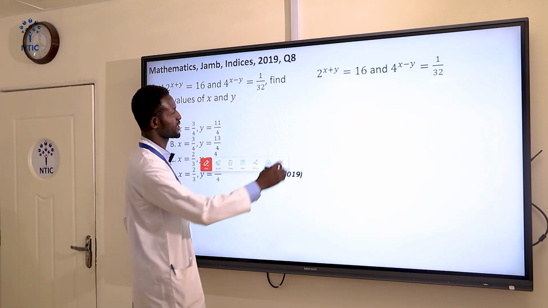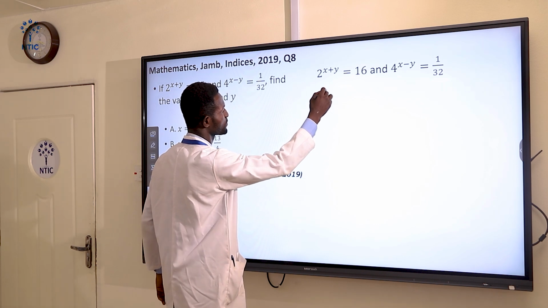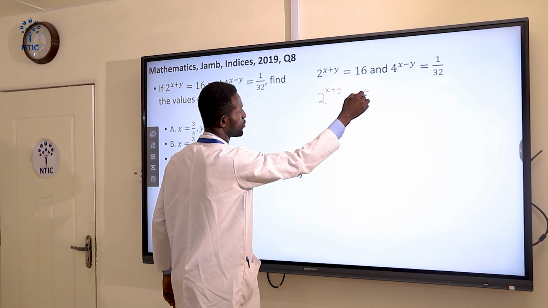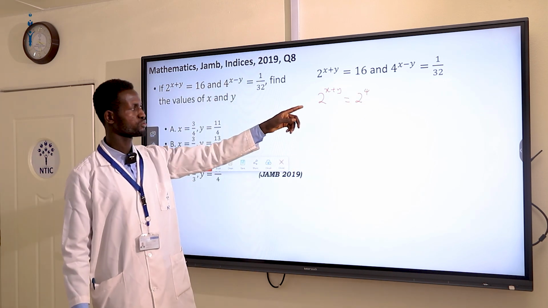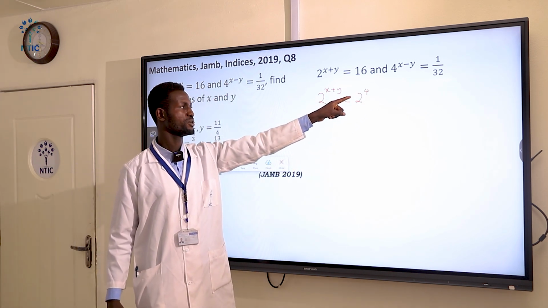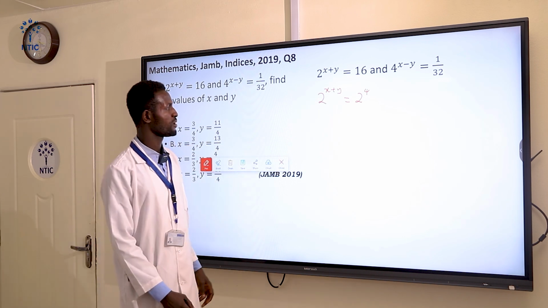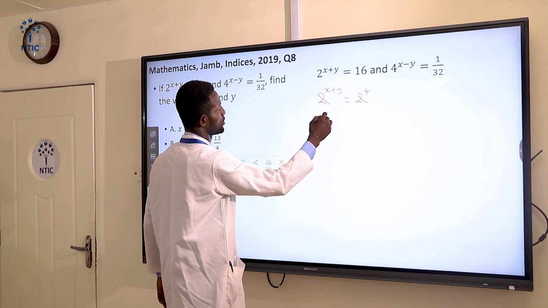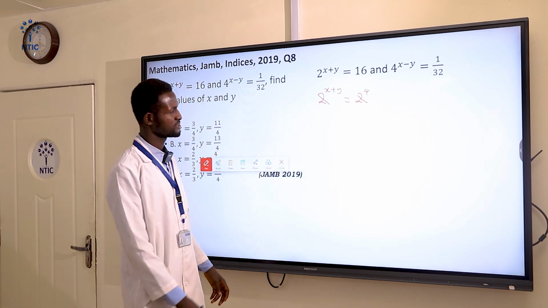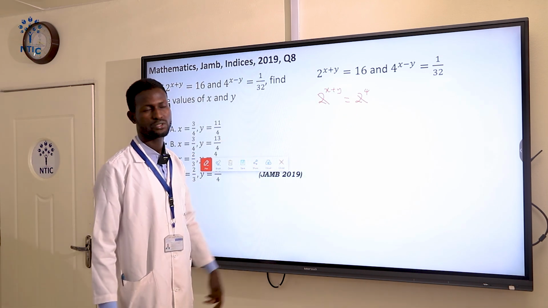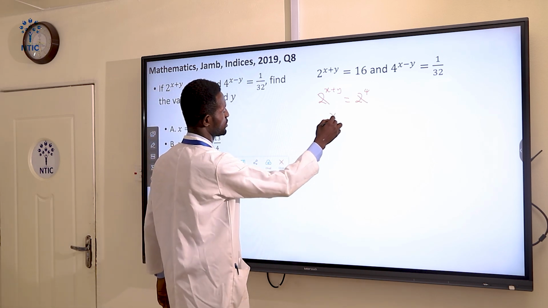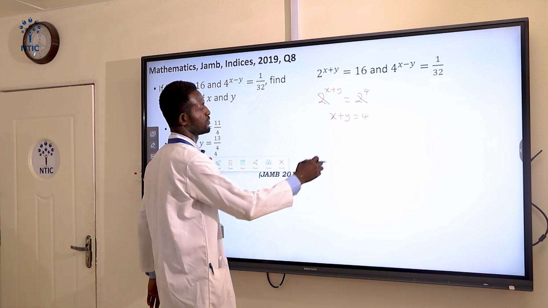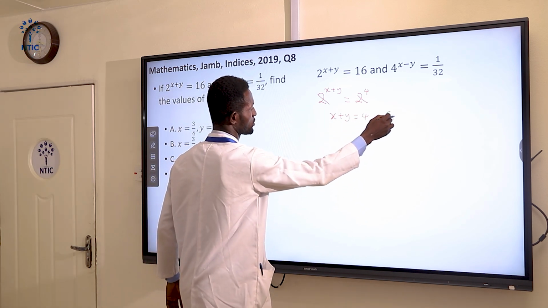To do this, we can say 2 raised to the power x plus y is equal to 2 raised to the power 4, because 16 expressed in base 2 is 2 raised to the power 4. Then 2 can cancel 2. Since their bases are equal, their powers must also be equal. Then we have x plus y equals 4. You name this equation 1.